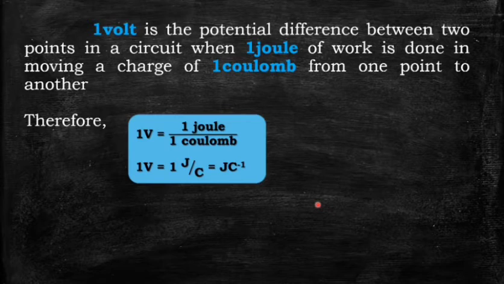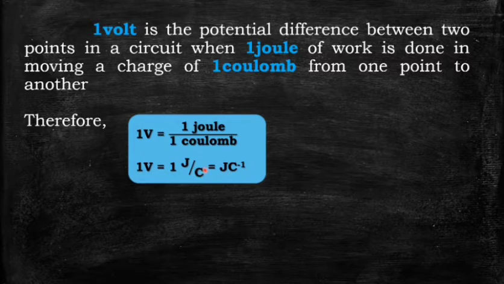You might be thinking, what is 1 joule? Joule is nothing but the SI unit of work. As we measure current as ampere, potential difference as volt, similarly we measure work as joule. It is work done, that is 1 joule to move a charge of 1 coulomb. So 1 volt is equal to 1 J over C, that is joule over coulomb.